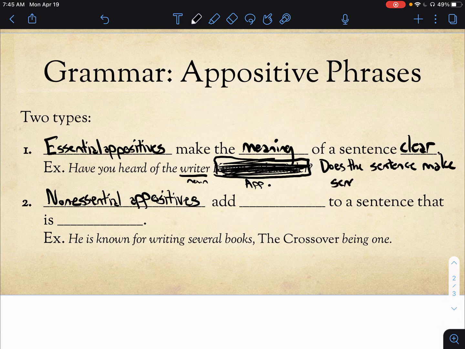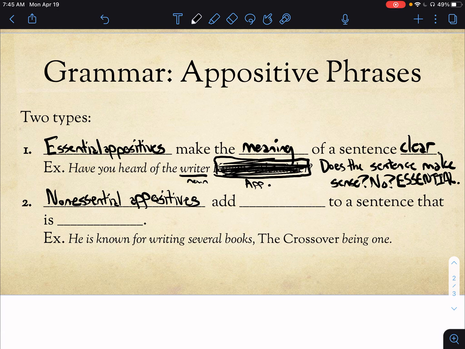And if it's a little bit weird, it's an essential phrase. Because if you say, have you heard of the writer? Someone's going to reply, well, what writer? Well, what are you talking about? So it has to be essential.